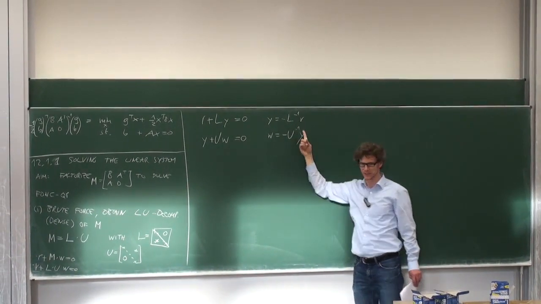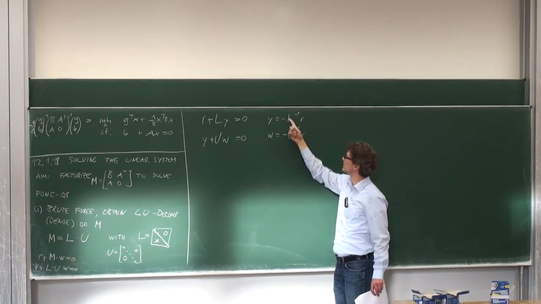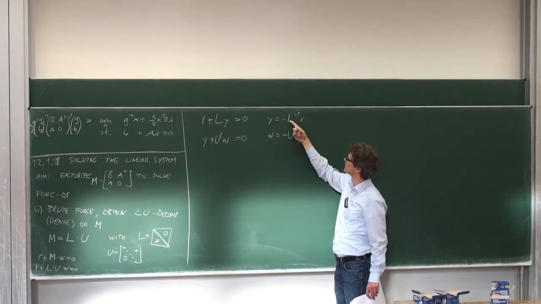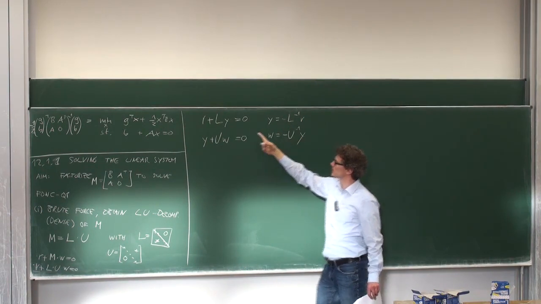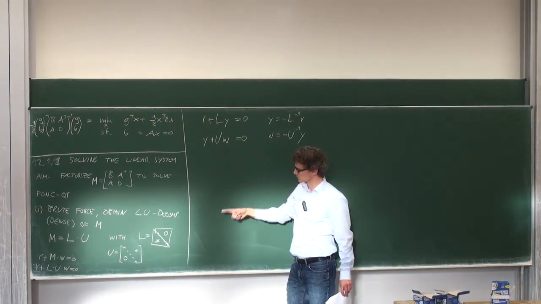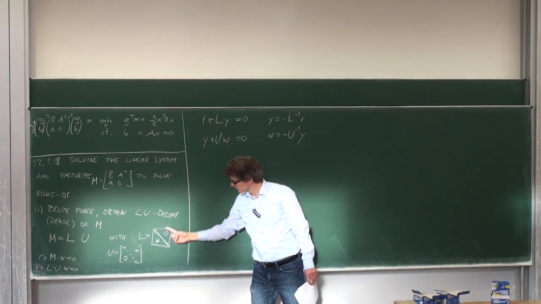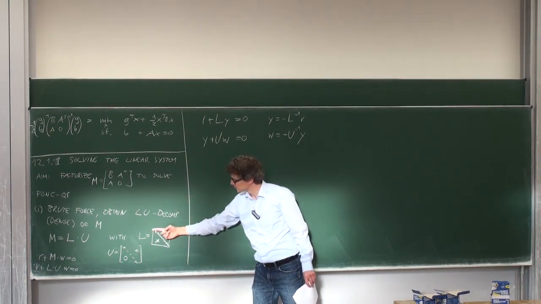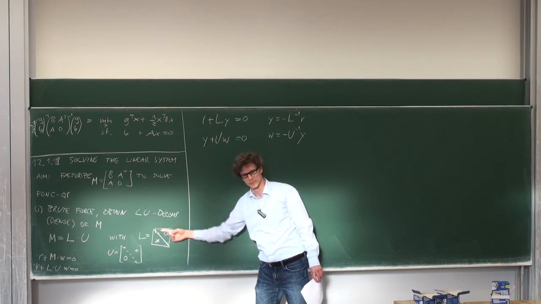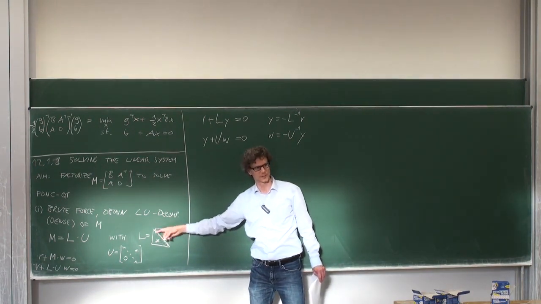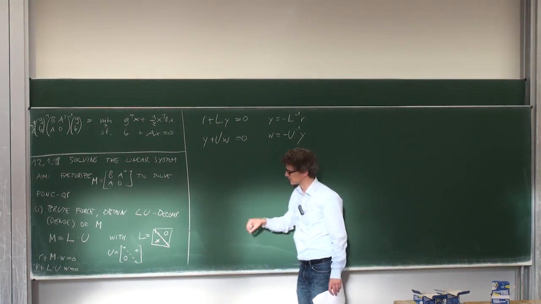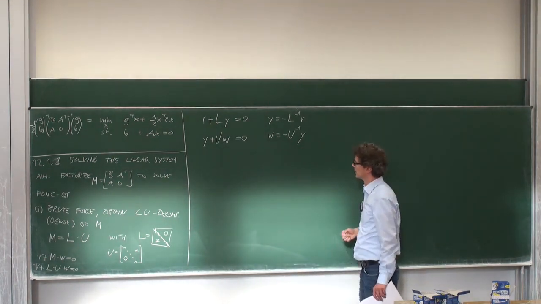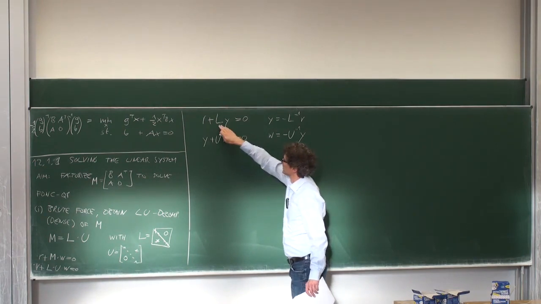Yeah? So this is basically what happens, but you will of course not compute this inverse, but you will actually do a back substitution, which you can easily see that if you, for example, have a system with this L, the first component you get just from the first equation, because there is nothing else than the 1 here. So you can easily get the first component, and then you have the second component, and so on.